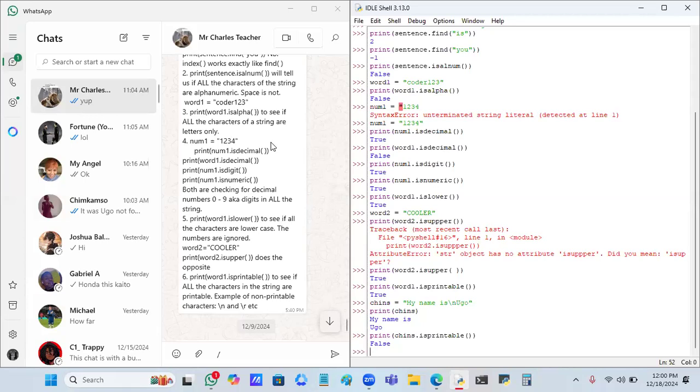Why? Because of the presence of that new line. New line is not a printable character. Do you understand now? Yes. That's why. So you can use this as an example if you want to write examples for isprintable.